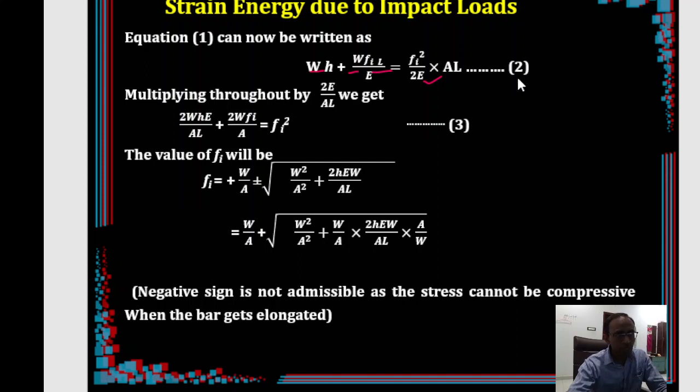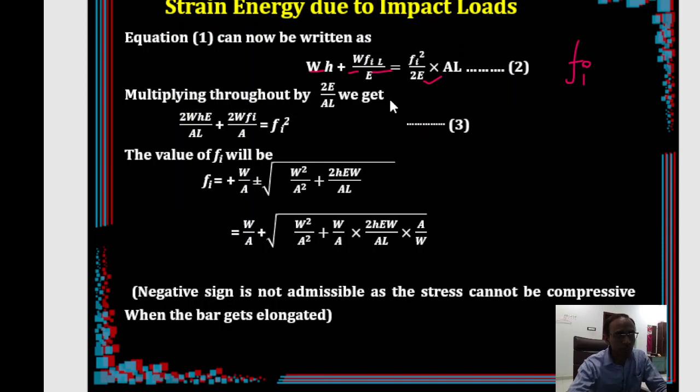When you look at this equation, you can make an observation. This equation is a quadratic expression in terms of sigma, just like ax square plus bx plus c equals 0, or x square plus some constant times x plus some constant equal to 0.